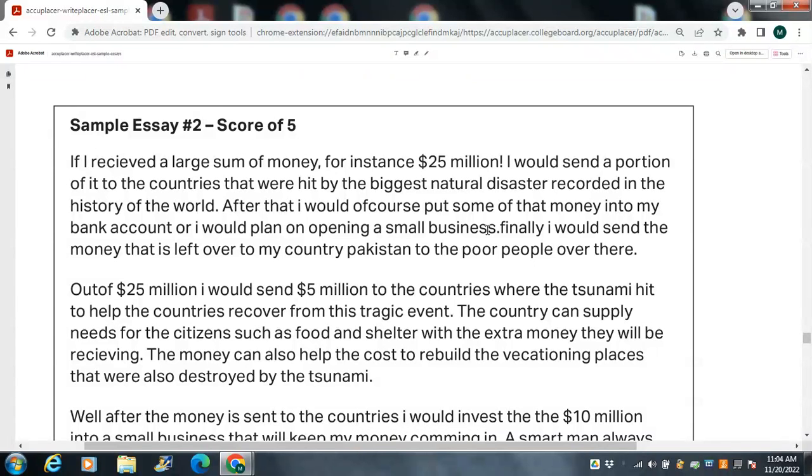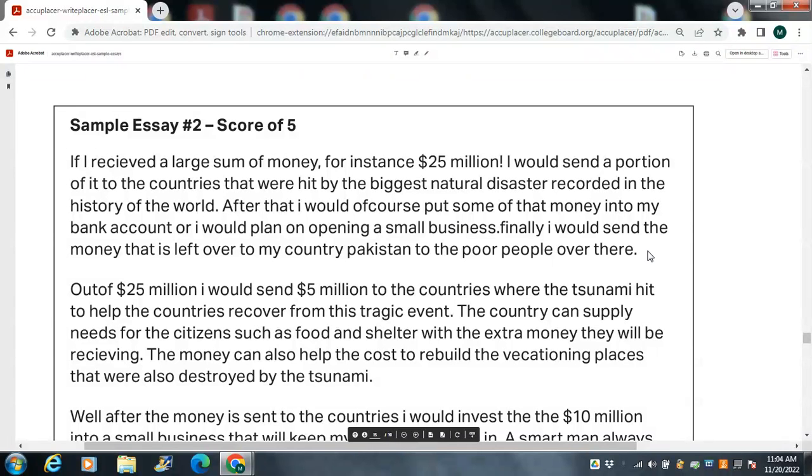Again, notice how they stay in that future tense. After that, I would, what they will be doing in the future. And then they use "and after that," really serving as a transition, which is great. Then they have "finally," another transition word, "finally," comma, and you could do that. "Finally, I would send the money that is left over to my country, Pakistan, to the poor people over there."